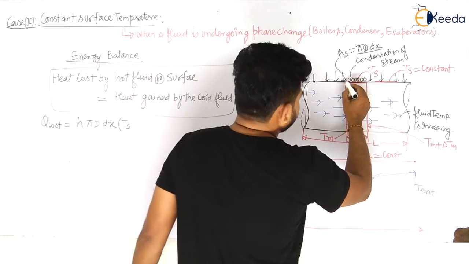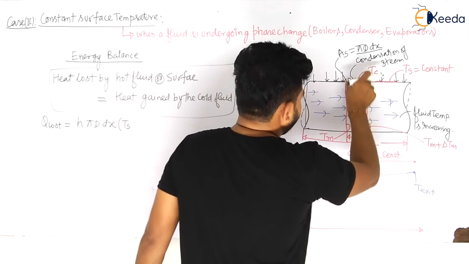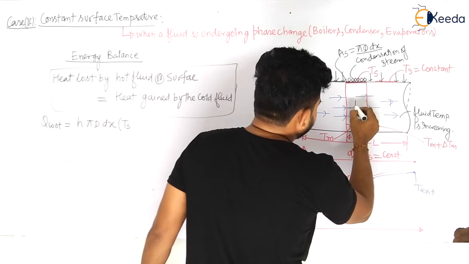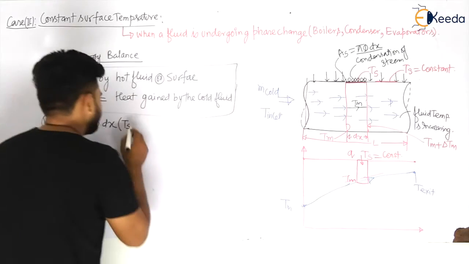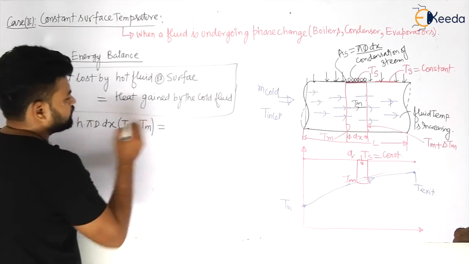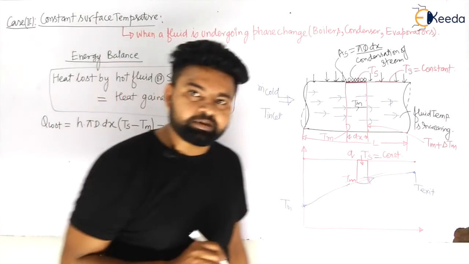Let us say the surface temperature is Ts, and for this small element the mean temperature of the fluid is Tm. Can I write this as Ts minus Tm?